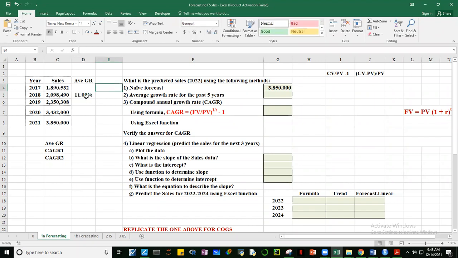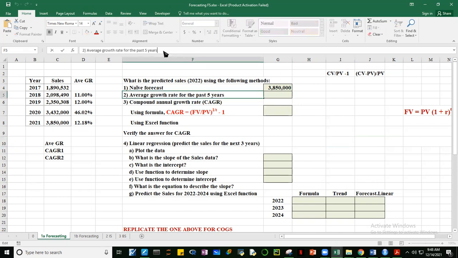So there was an 11% increase in sales from 2017 to 2018. And then we copy this formula down. We can see that the greatest growth rate in this 5-year period is 46.02. Now, for the average growth rate for the past 5 years, that means there are 4 periods.